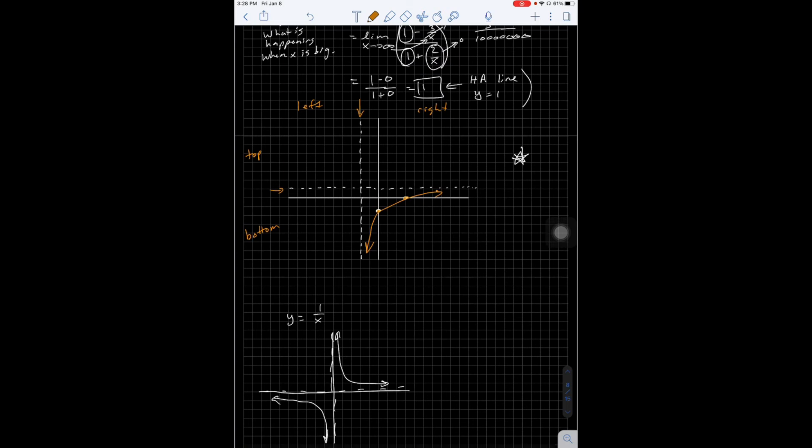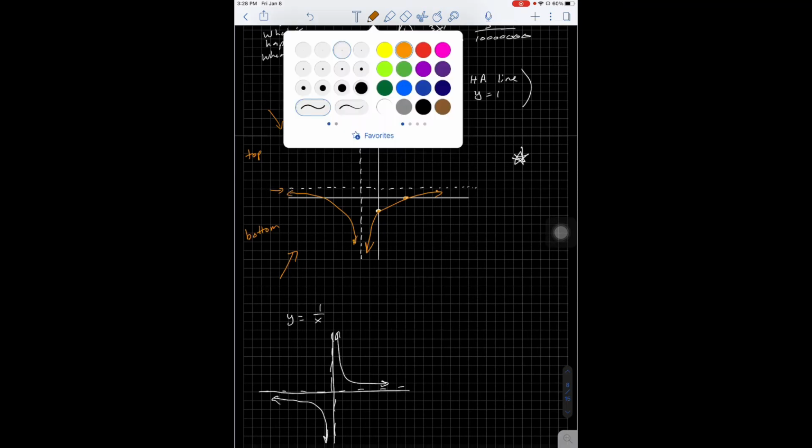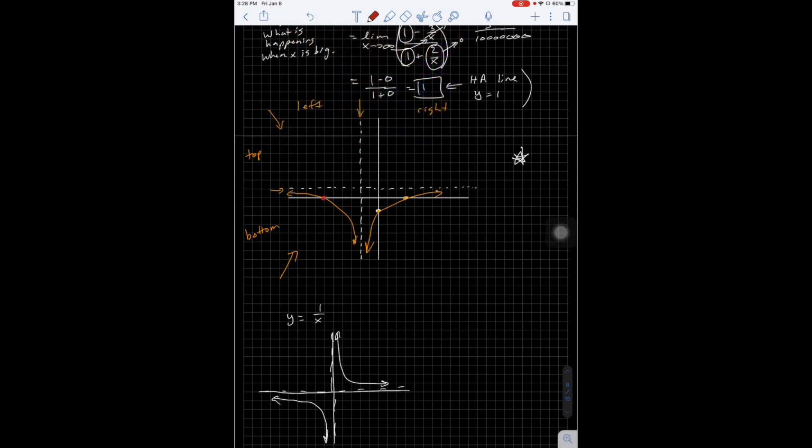Where do I draw? Do I draw in this top section or this bottom section? We just figured out that we can't do both, right? Because if I draw in both of these, it won't be a function, so it's one or the other. If I draw here, look what happens. What did I create? I created an x-intercept, and my math told me that this is the only x-intercept. So that means my swoosh can't be in that quadrant.